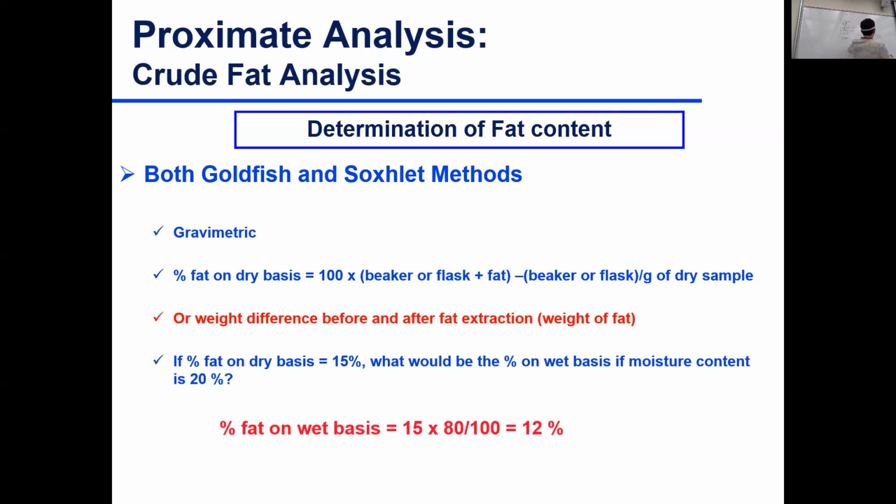This should give you the dry matter. So this is 15 grams of fat in dry matter. And then if you wanted to get it on wet basis, which is 100 grams that includes the 20 grams of moisture, that gives you the 12%.